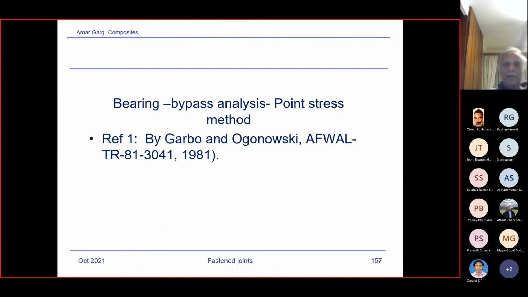So now this method, the point test method, is based on this reference. Again, the same Air Force report, which I had sent last week, or this can be downloaded. Actually, it's available free. This work was done by McDonnell Douglas, now Boeing, of course. So it's reliable.